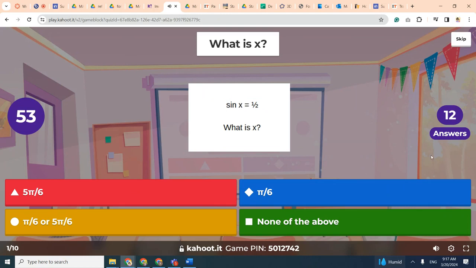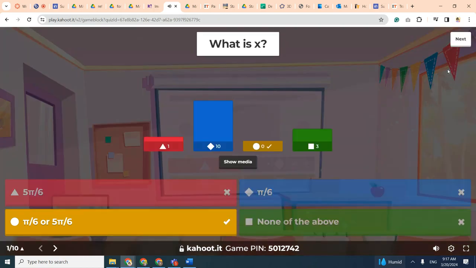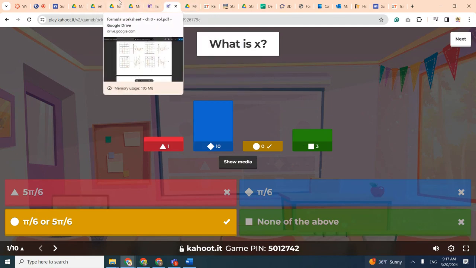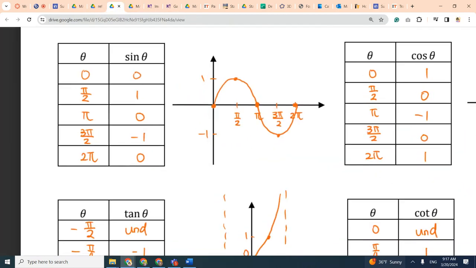All right, did everybody answer that? Pi over 6 and 5 pi over 6. Why? Okay, this is the sine graph, and you see here, 1/2.